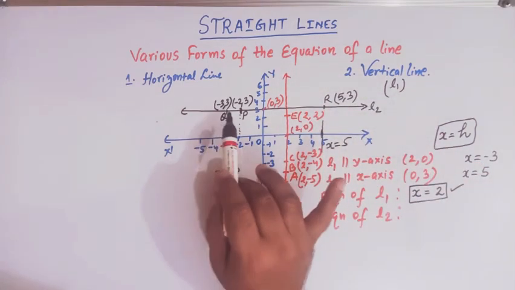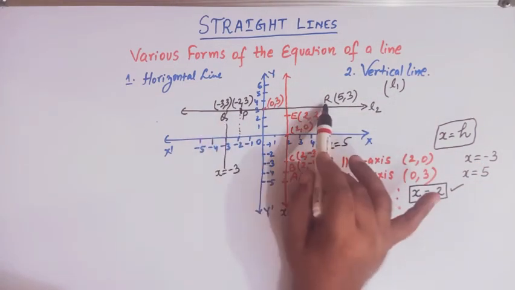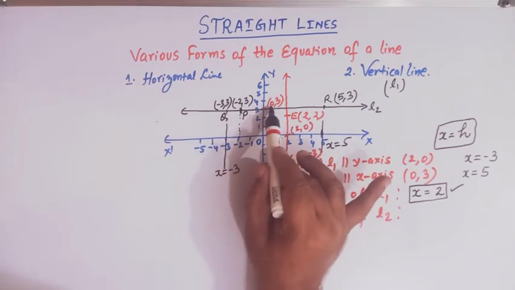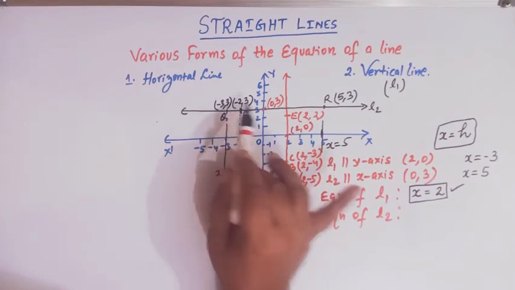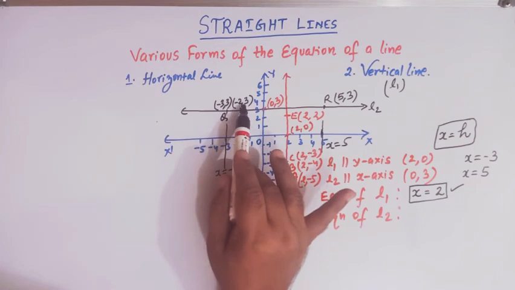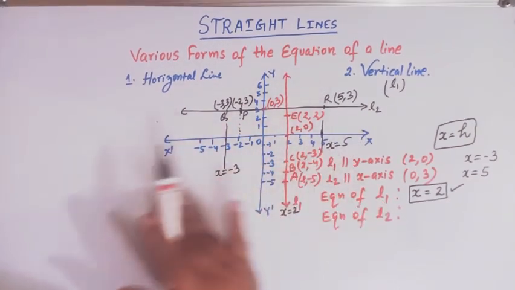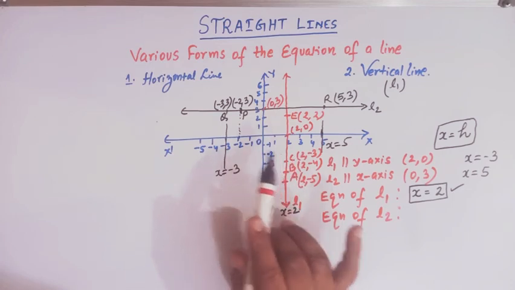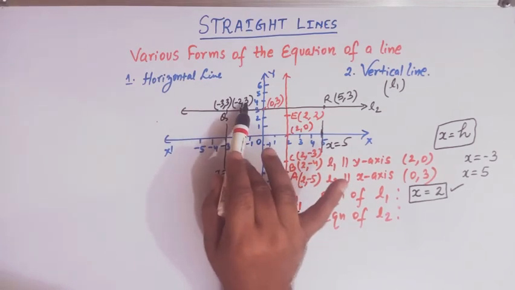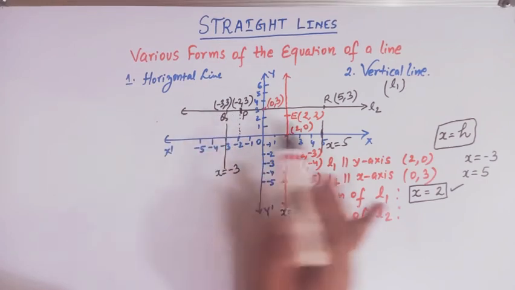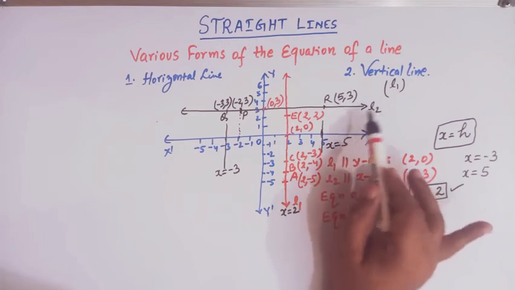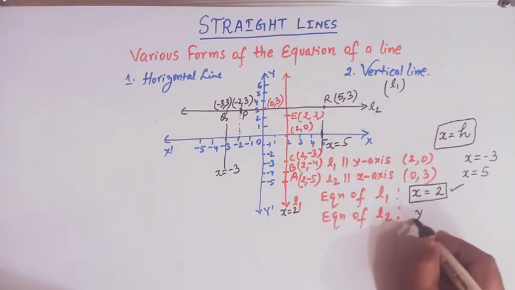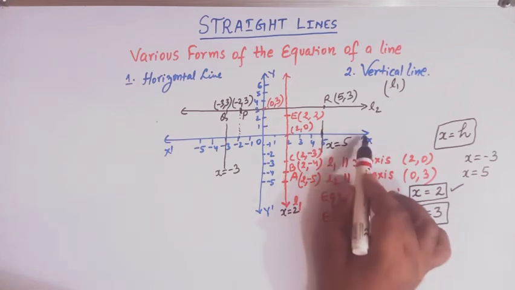Now if we observe the points P, Q, R and this point as well, then we can observe that the y coordinate remains the same, that is 3, but the x coordinate keeps changing, right? So the ordinate remains the same while the abscissa keeps on changing. So the equation of this line L2 is given by y is equal to 3, and this line is parallel to the x-axis.